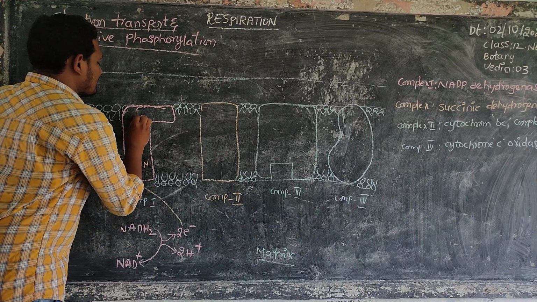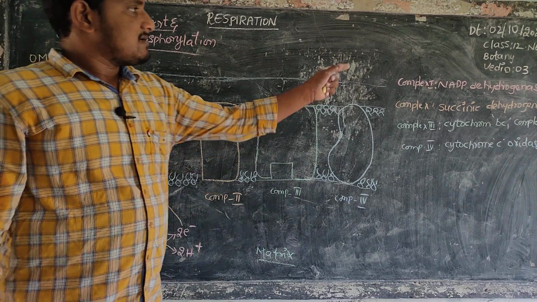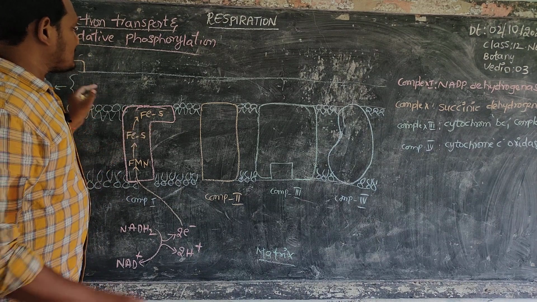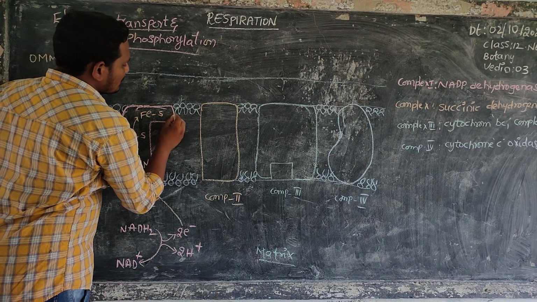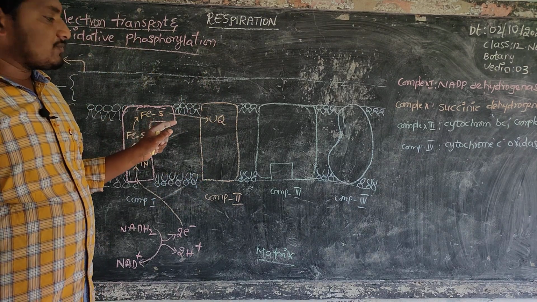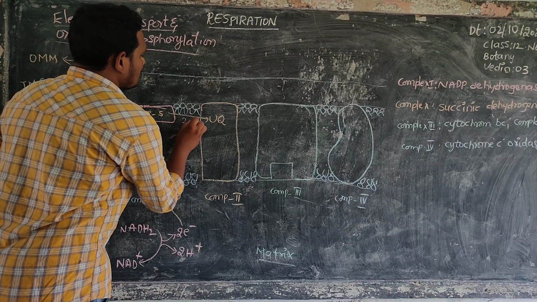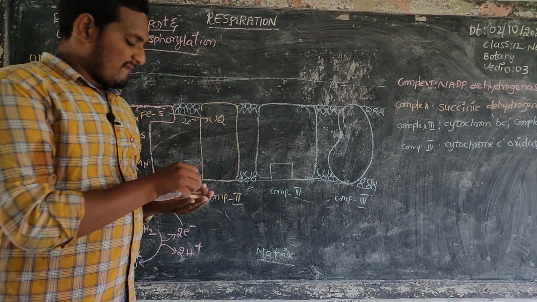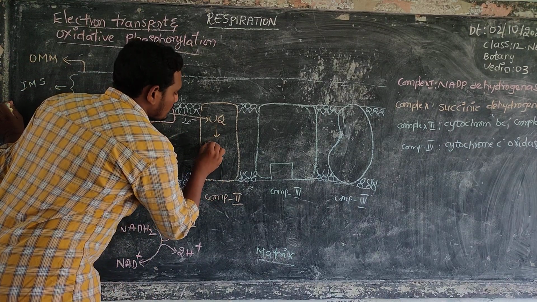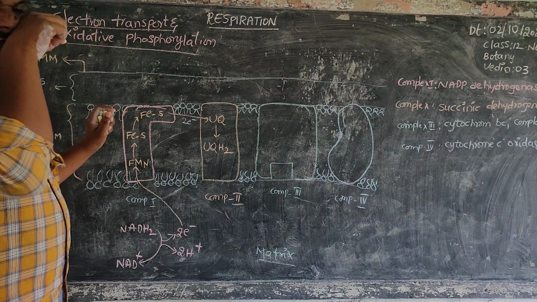Many iron sulfur centers are present in complex 1, that is NADH dehydrogenase. The iron sulfur centers send these electrons to ubiquinone. Ubiquinone sends these electrons on to ubiquinone H2.